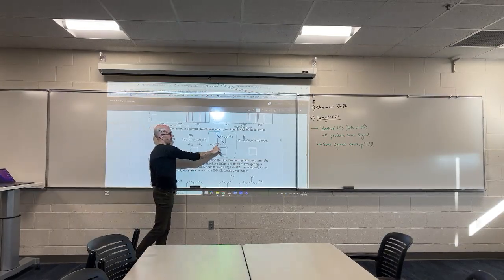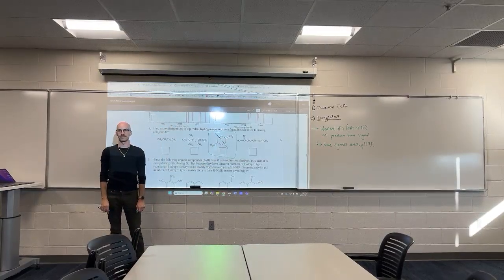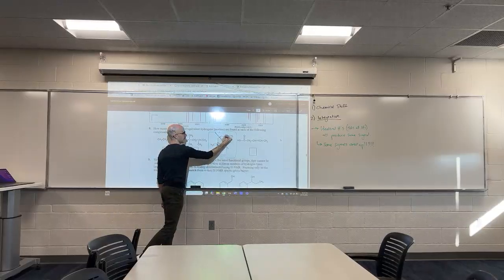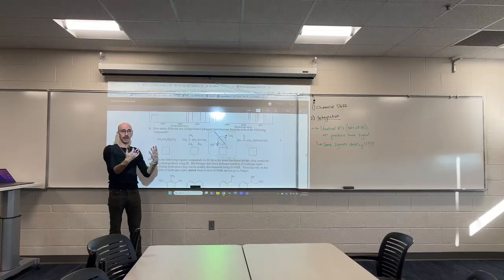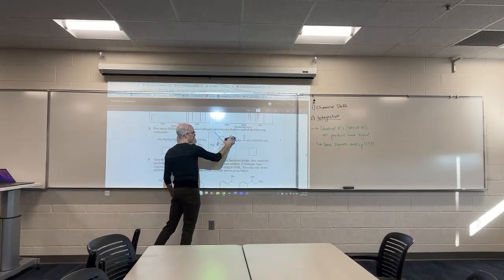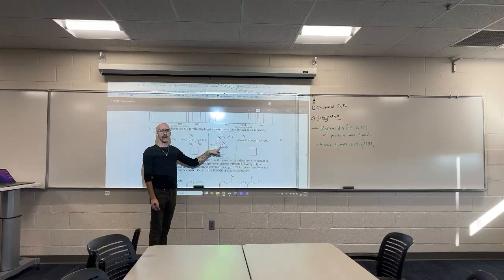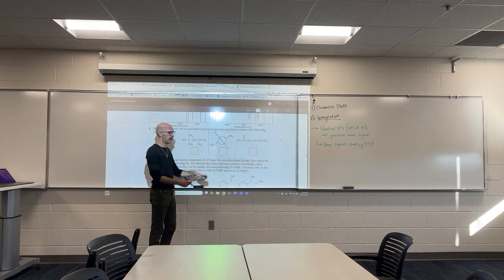What about the hydrogen here at the tertiary carbon? Are these hydrogens identical to each other? Also, yes, they're reflected by that same plane of symmetry. What about this CH2 and this CH2? Are they identical to each other? Yeah, they are. But these are actually related by a different plane of symmetry.